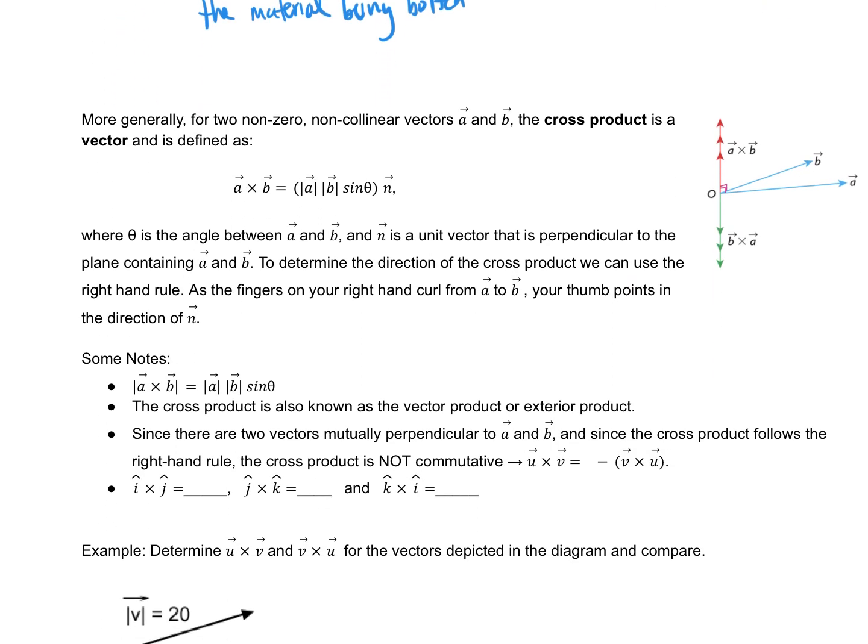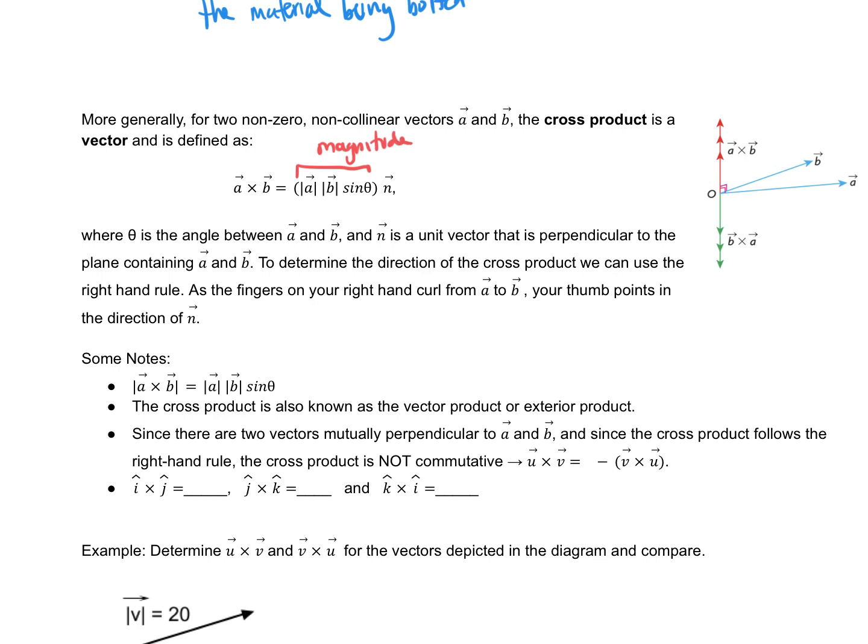All right, so let's generalize this a little bit. If you have two non-zero, non-collinear vectors, then the cross product is defined as A cross B equals the magnitude of A, the magnitude of B times sine theta. So this right here represents the magnitude that we've been solving for.